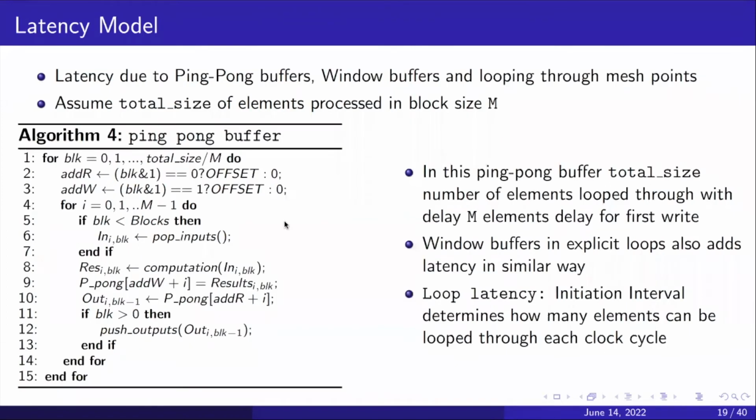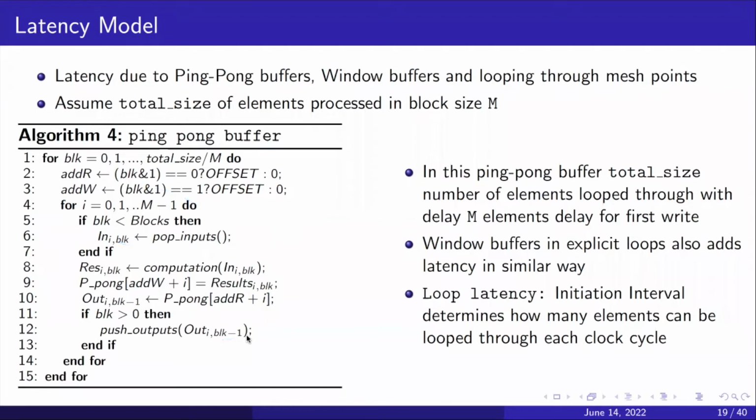The main components that add latency in this class of applications are ping pong buffers, and window buffers if stencil loops are also integrated. Algorithm 4 describes the simple ping pong buffer based implementation. We can see there's a block difference between input and output points.